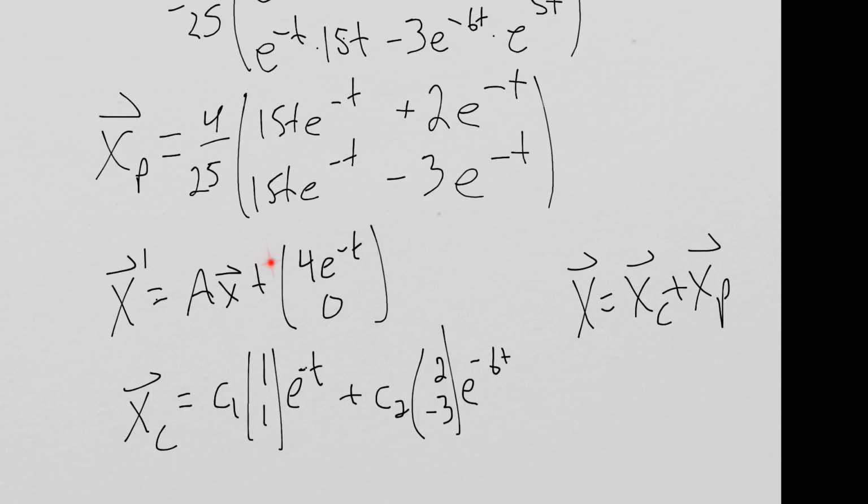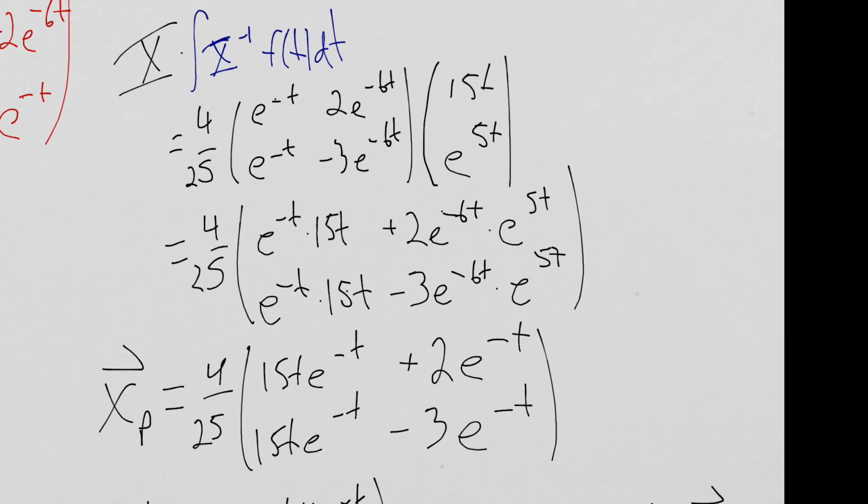When I apply a force that matches this, we learned way early that we had to tack t's on, right? Well, look at what happened here. I get an xp using this formula that has these pieces, which are e to the negative t's. Notice the 2 and the 3 are linearly independent from the 1 and the 1. So this does not get soaked up into the c's when I do xc plus xp. And this t just showed up based on how the math worked out.